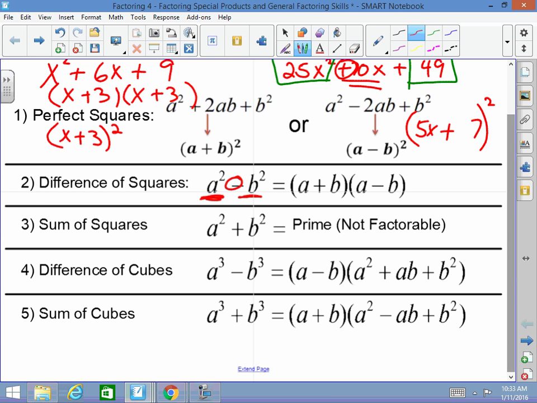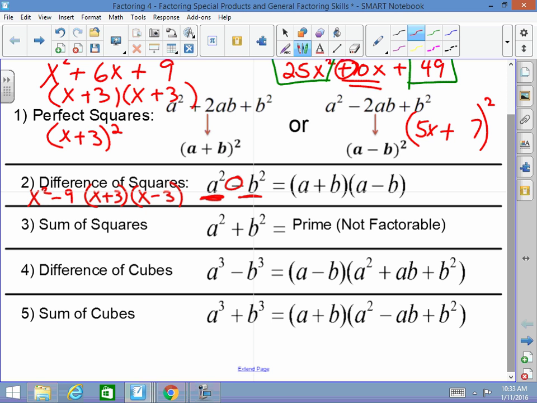For example, x squared minus 9. You're done.